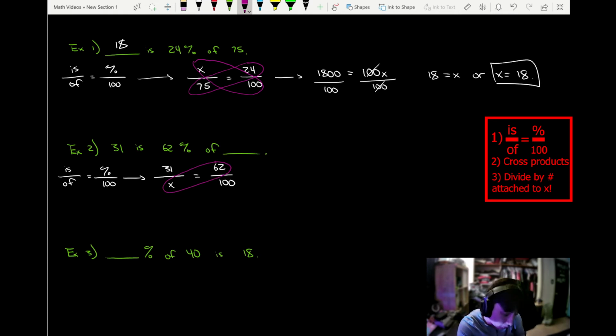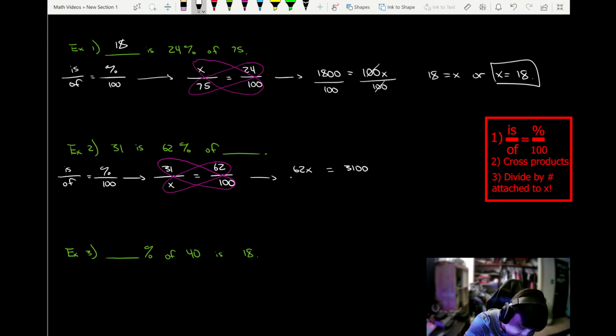Same deal. We take the cross products. And whenever we do these cross products, they're equal, because these proportions are equal. So we multiply 62 times x, which is 62x, just like 100x from the last problem, equals 100 times 31, which is just 3100.